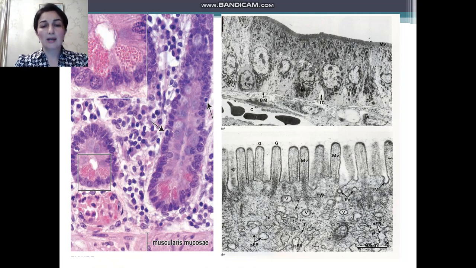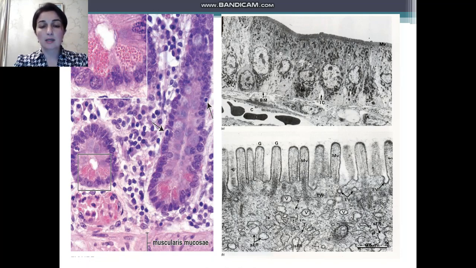Then we have regenerative cells in the wall of the small intestine on the surface of villi. Then we have also here the enteroendocrine cells, then microfold cells or M cells.